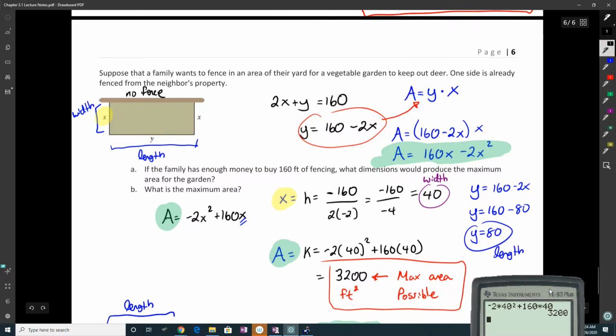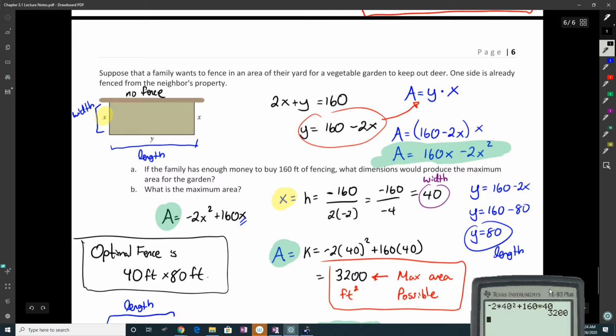So the optimal fence is 40 by 80. Okay, that's the answer to A, whereas this down here is the answer to B.